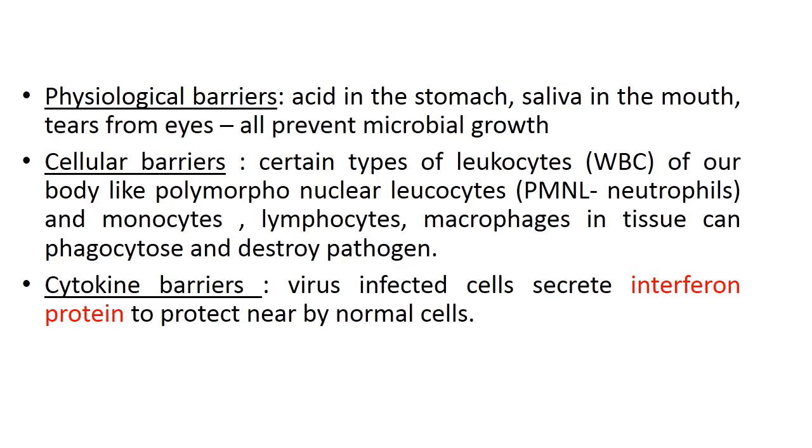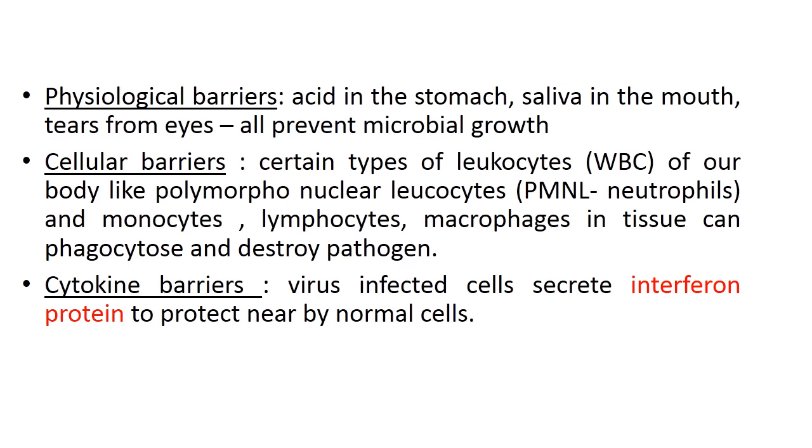Then tears from the eyes. Any sort of irritation to the eyes easily releases tears. Tears contain the same enzyme as we have seen in saliva, that is lysozyme. This enzyme destroys some kinds of bacteria, so it protects the eyes from bacterial infection. So these are some kinds of physiological barriers.